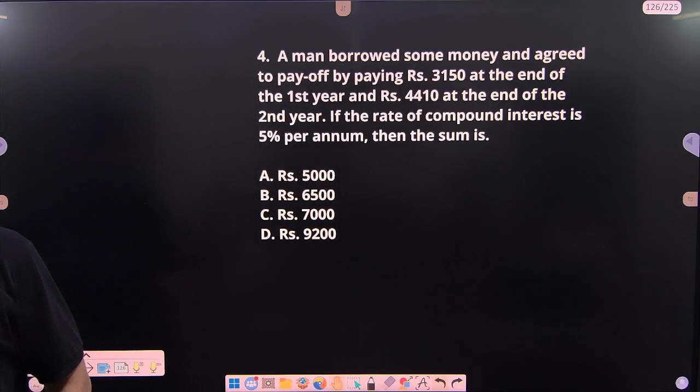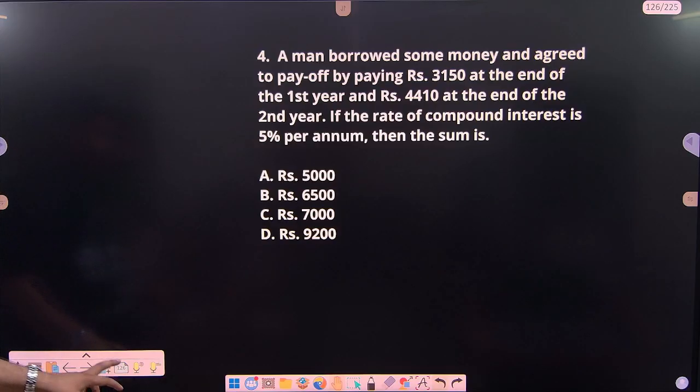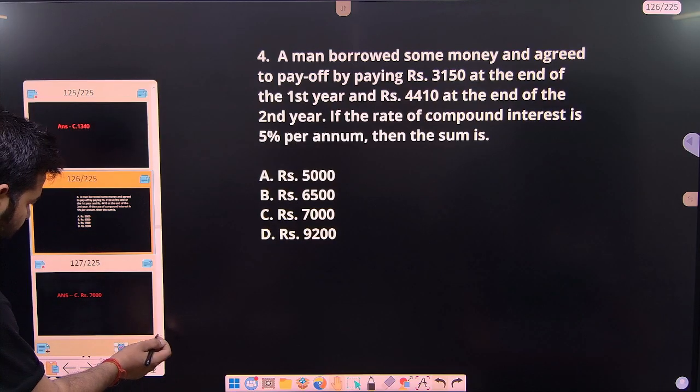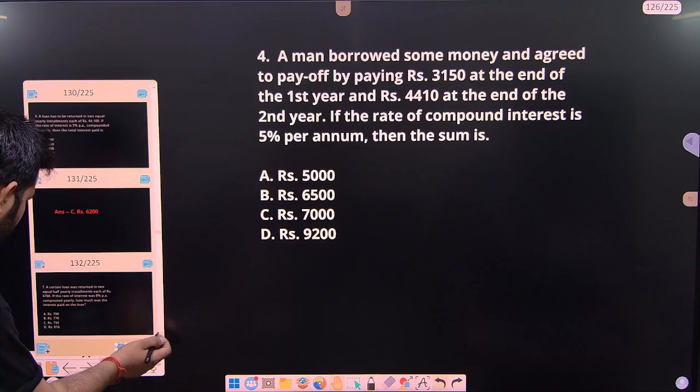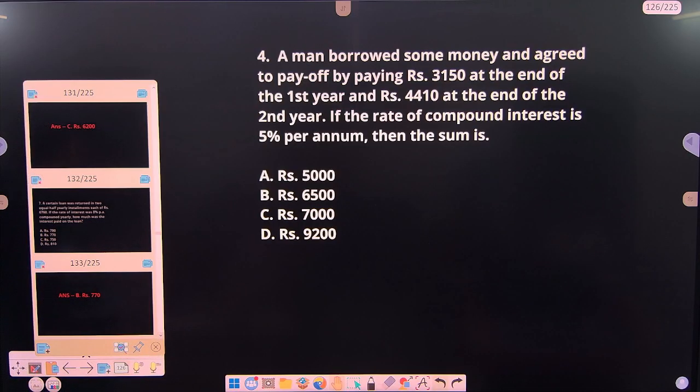Clear? Shall I move ahead? Okay, let's move on to type B of type 2 of installment. The rest of the questions you yourself will hit the same questions. A little bit of variation you will get.